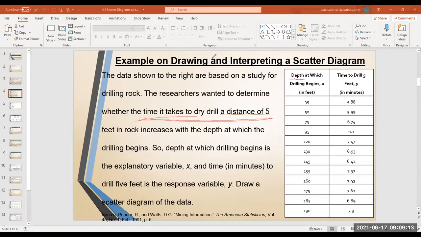As you drill, it goes down, so a height. So we are looking at height, and at the same time, we are looking at time. So those are our two variables, depth and time.